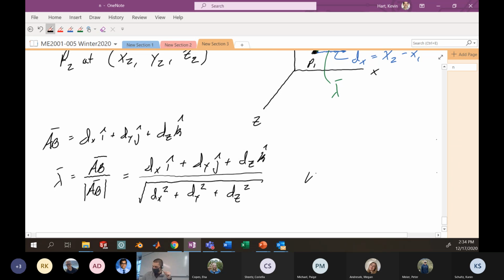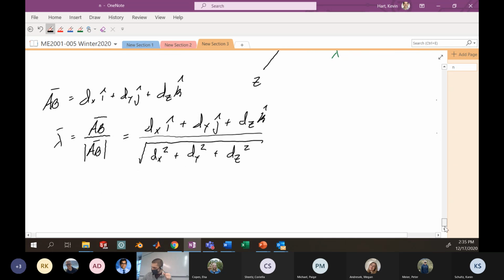Okay, and this was the alternate way that we defined our unit vector of a force between 2 known points. So here's our unit vector. Then we know that our force is whatever the magnitude of that force is, multiplied by that unit vector.